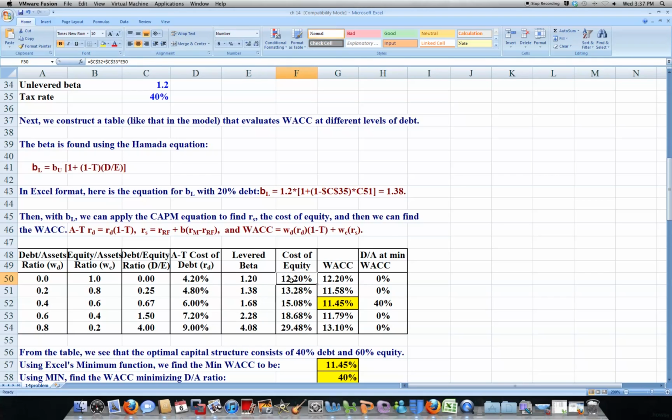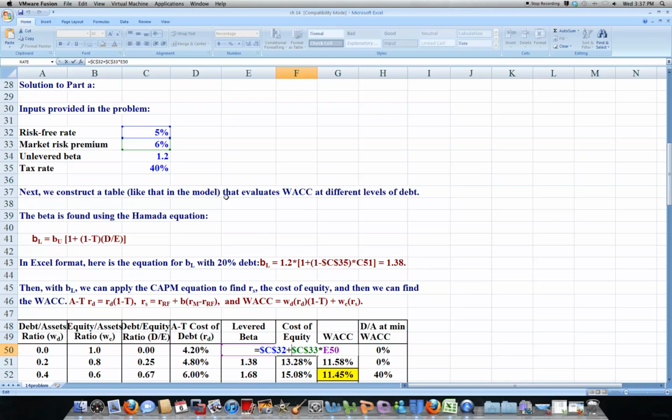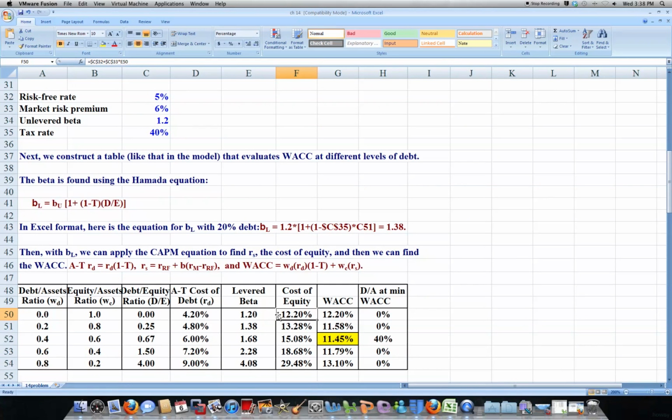Next, now that we have our levered beta, we'll find our cost of equity. All we have to do to find our cost of equity is take our risk-free rate, RRF, plus our market risk premium times the levered beta. Now we can find our weighted average cost of capital.